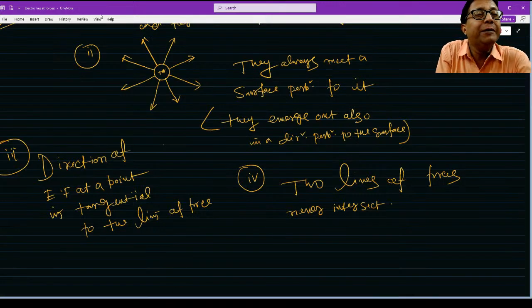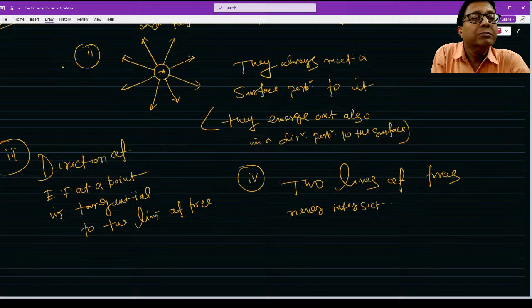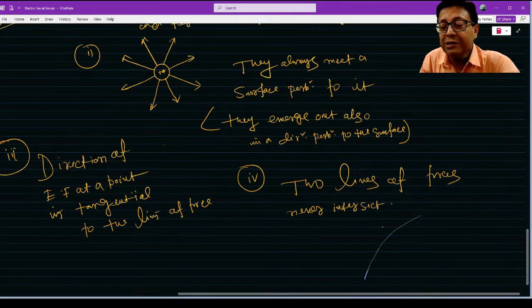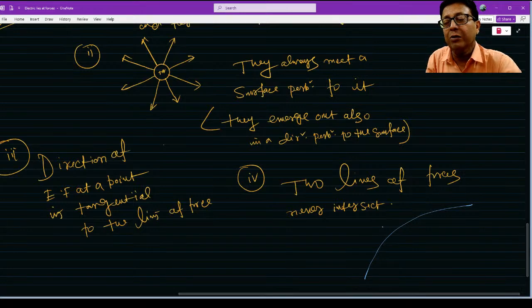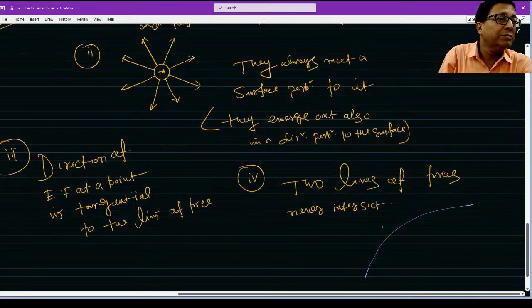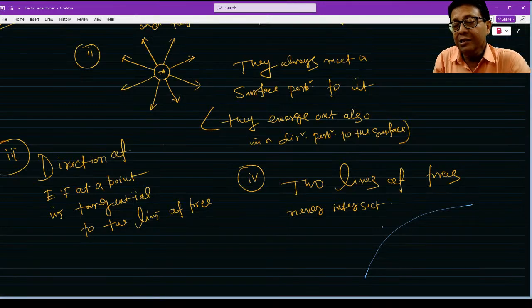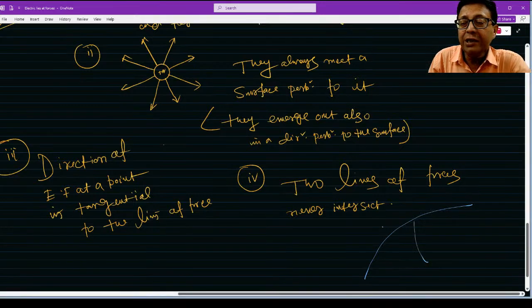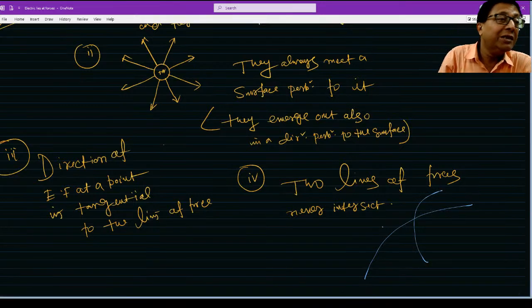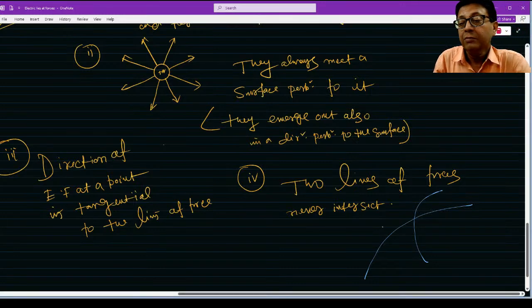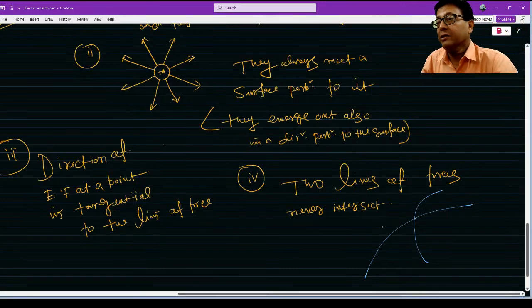This I will explain by drawing. Suppose they intersect. We are going to prove this by contradiction. This is one line of force. This is another line of force. Suppose they have intersected. At this point, they intersect.